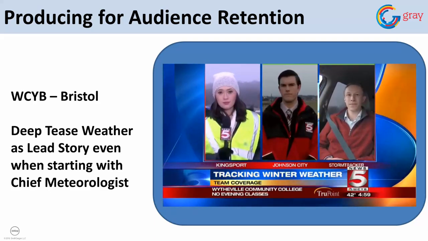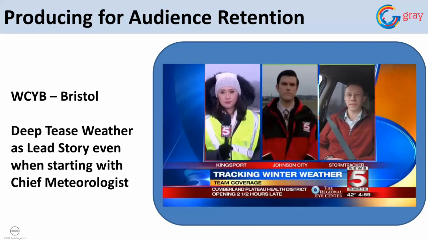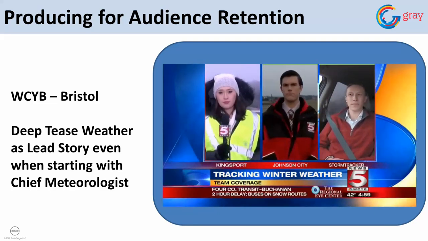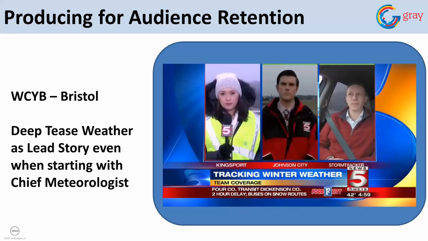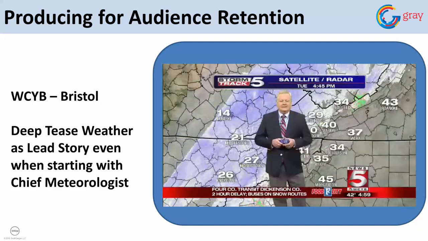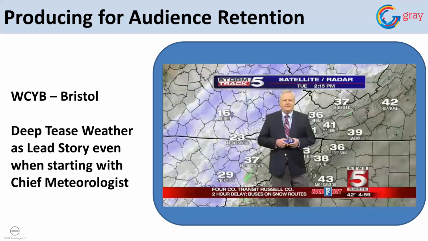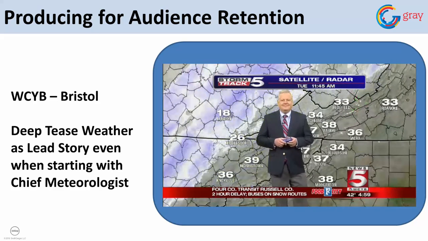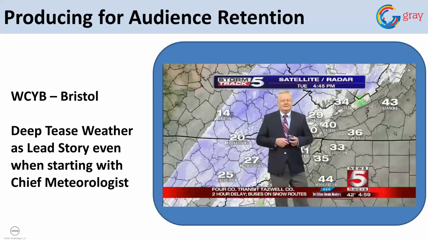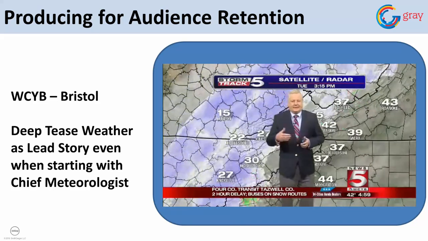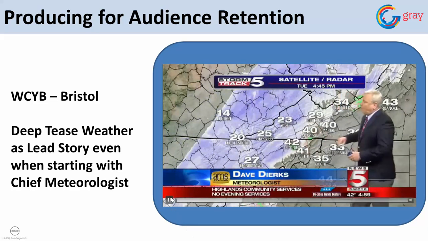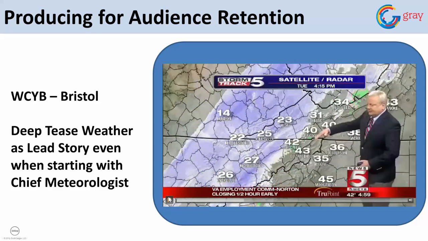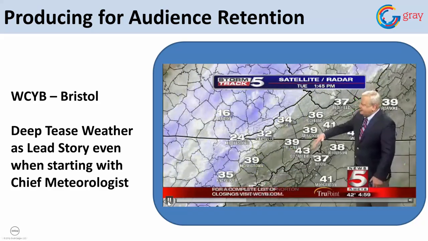He'll tell us what he's seen. And Storm Track 5 meteorologist Ricky Matthews is driving through Duffield, Virginia on Highway 23 to give us the latest details from Southwest Virginia. But first, we begin with Chief Meteorologist Dave Dirks, who is tracking it all from the Storm Track 5 Weather Center. This snow took its time getting here today, Dave, but you have the latest on how long this is going to stick around. Absolutely. It looks like it'll stick around through the evening, taper off as we go through the overnight. Temperatures really fall off quickly once the snow begins. Topped out in the low 40s now across the Tri-Cities area.